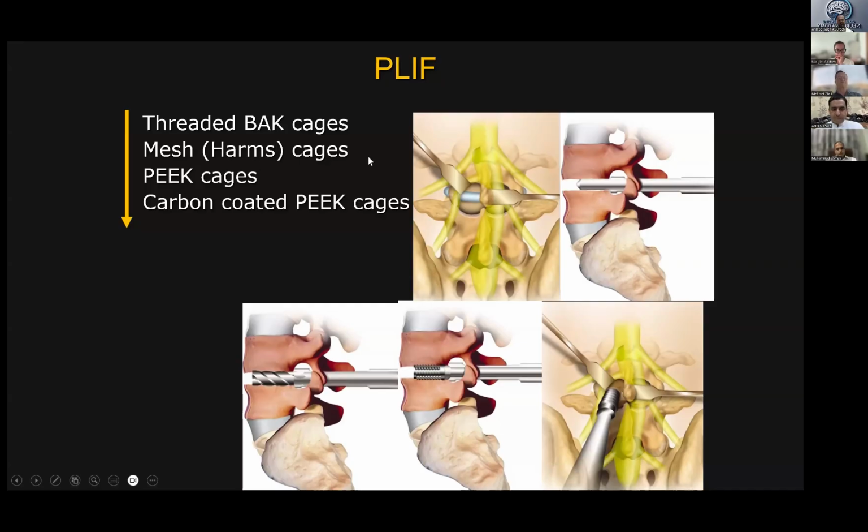And as I said before, threaded BAK cages, then mesh cages have been used, PEEK cages have been used. Current trend is to use carbon-coated PEEK cages or carbon cages only.